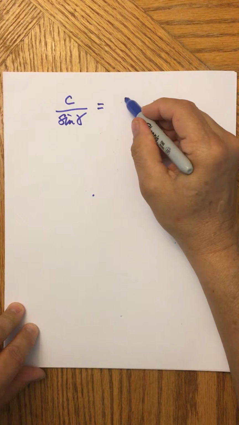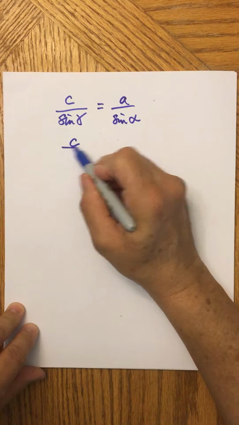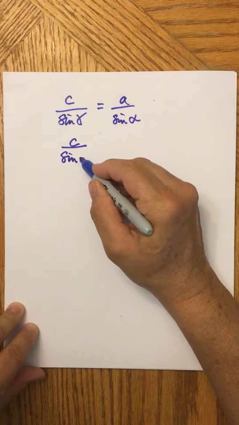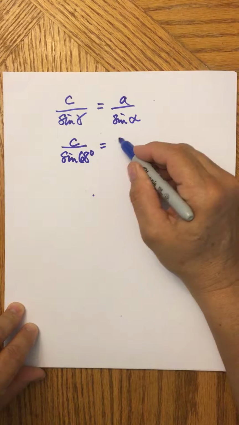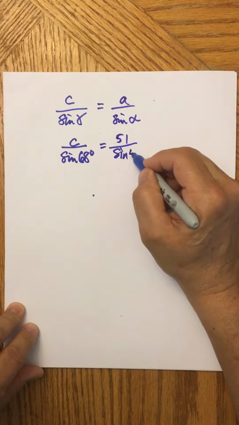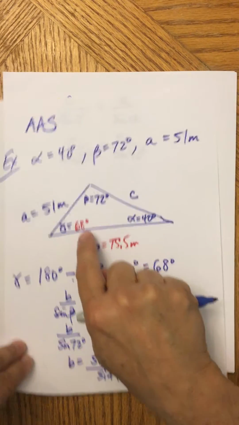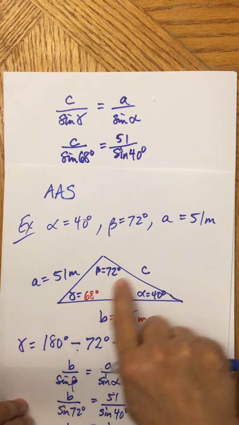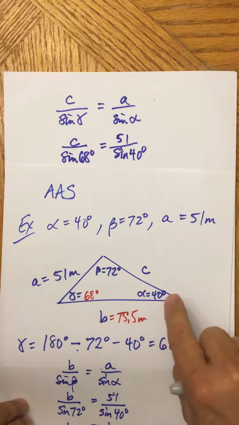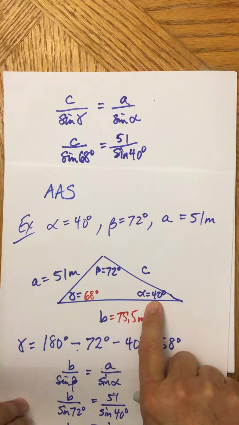Okay, so I'm going to use A is to sine of alpha. So I'll have C is to sine of 68 degrees as 51 meters is to sine of 40 degrees. Okay, so I'm saying this side is formed by this angle as this side is formed by this angle, the sine of that.